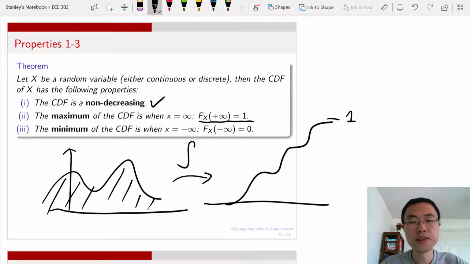The minimum of the CDF happens when x equals minus infinity. Why? Because if you're evaluating the CDF at minus infinity, that means you are just integrating this PDF from minus infinity to minus infinity. That is 0. So these two are also very clear from the picture.